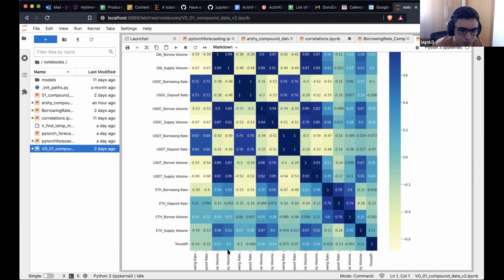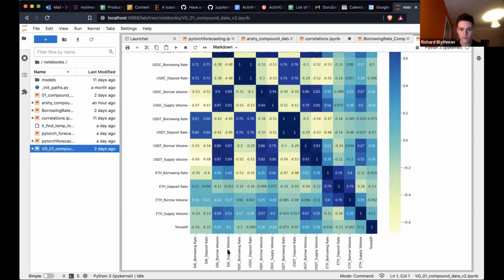It has a low correlation with ETH. It seems like the stablecoins have overall low correlation with each other.